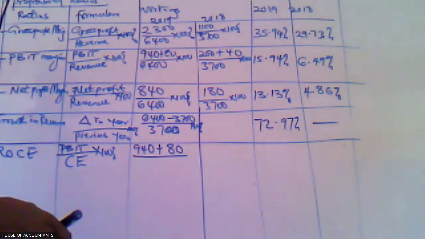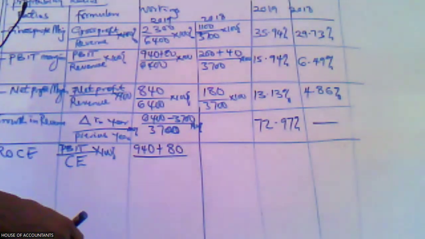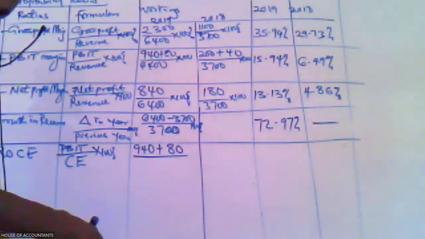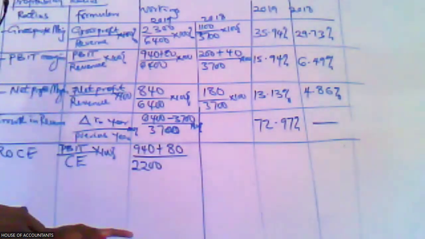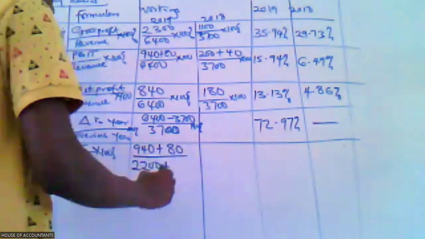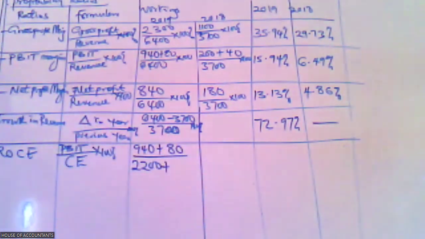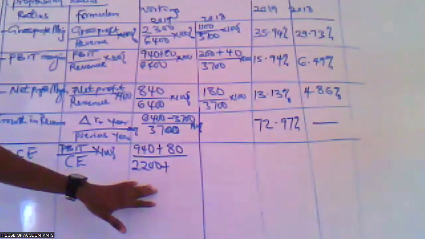What's our total assets? 220. Yes. You can say plus non-current debts. What's our non-current liability there? This is total asset.